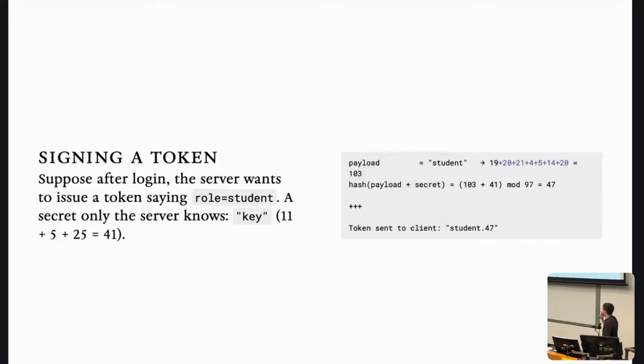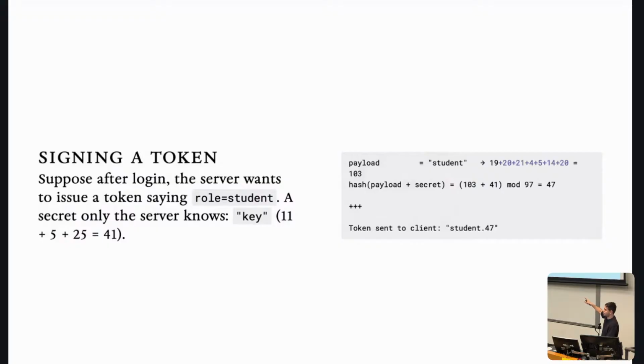And then we add the secret. Remember, the secret is something that the server knows to decode to verify that the token hasn't been tampered with. So suppose after the login, the server wants to issue a token saying the role is student. Remember, the tokens are generated on the server and sent to the client. The client can then use them back. Only the server knows the secret. So let's say the secret is the string key in this case.